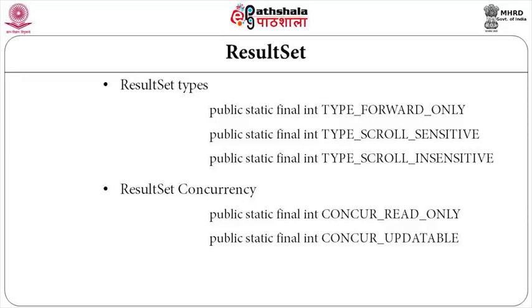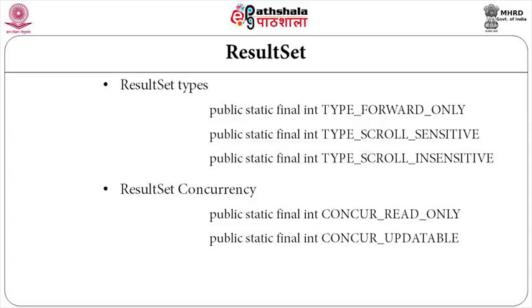But how do I decide I want a result set which is not forward only? When I say execute query, we don't have any option to say what kind of result set I would like. I want a forward only result set, or I want a navigable one.